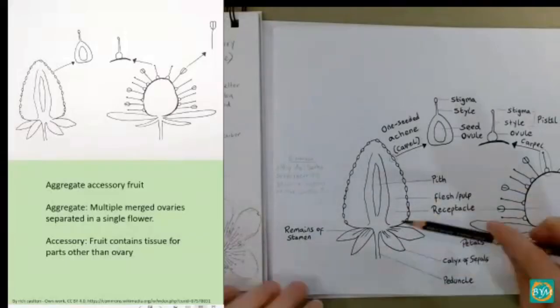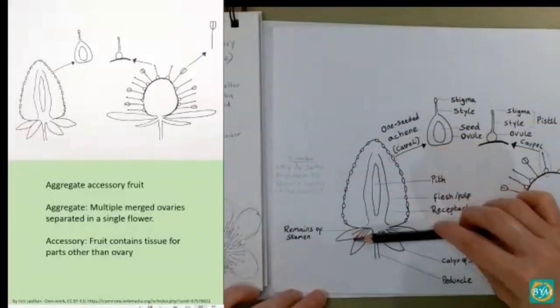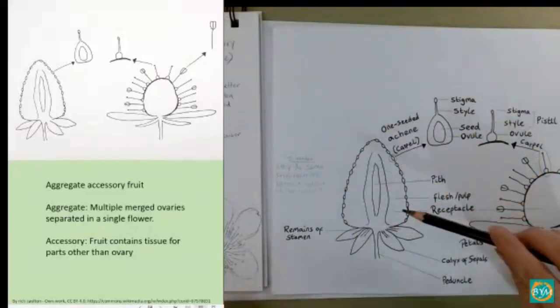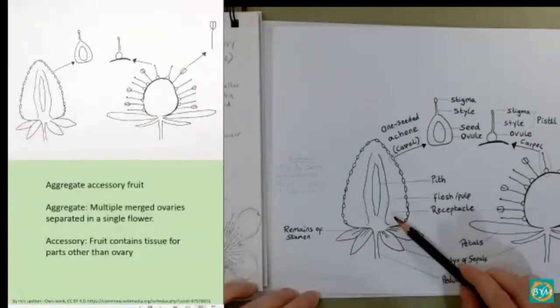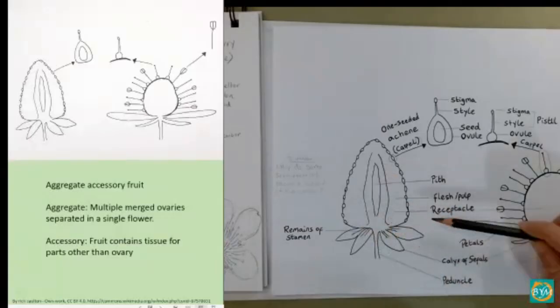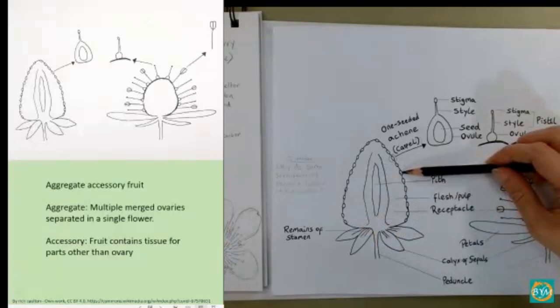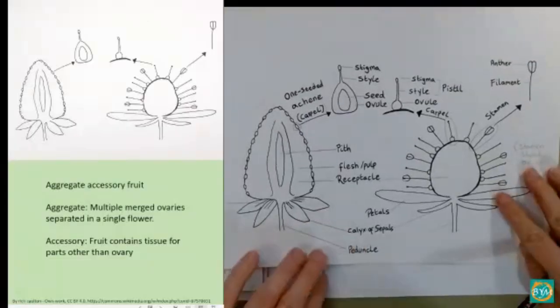Now, okay, we've got what we think of as the fruit body not actually being a fruit, because this is the receptacle that has become sort of fleshy, and this is not the ovary. Okay, where the ovaries have turned into fruit are these little outside bits. Are you confused yet? Well, hopefully this will make it a little bit clear if I show you the flower.